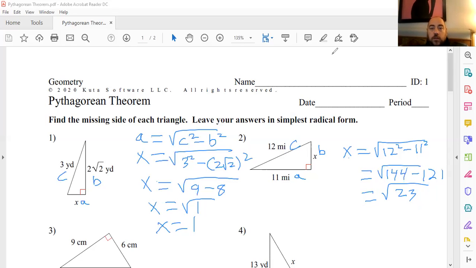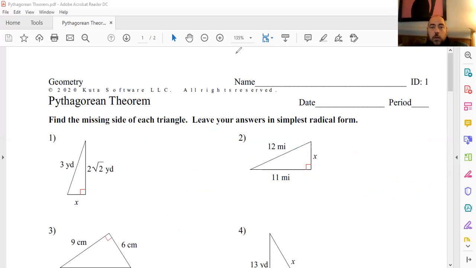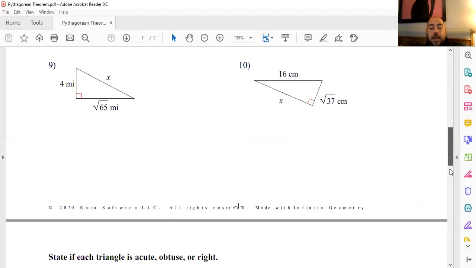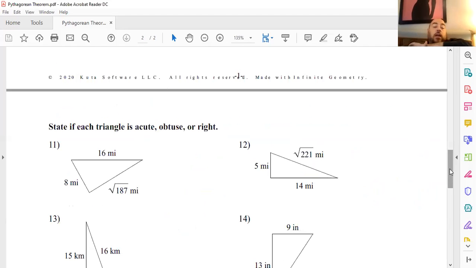So let's clear everything. So you've got about 10 of those. These ones, we want to see if it's acute, obtuse, or right. So there you just need to see, I gave you those 3 equations.